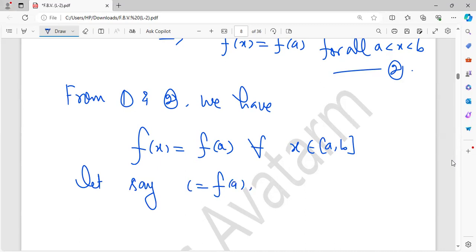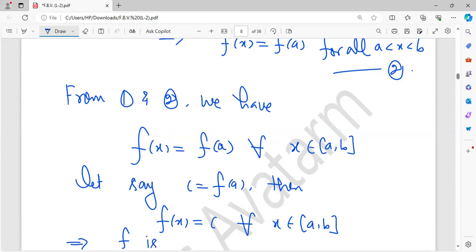Then f(x) is equal to c for all x belongs to [a, b]. This implies f is constant on closed interval [a, b].